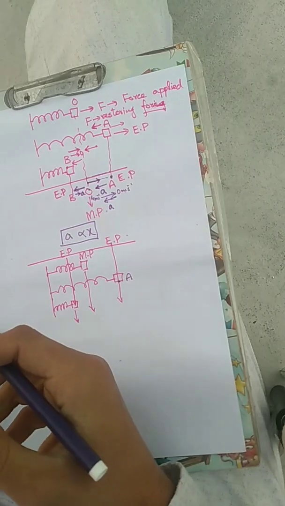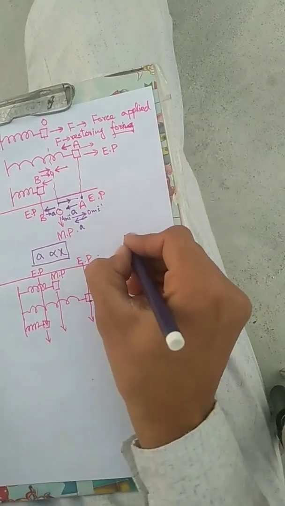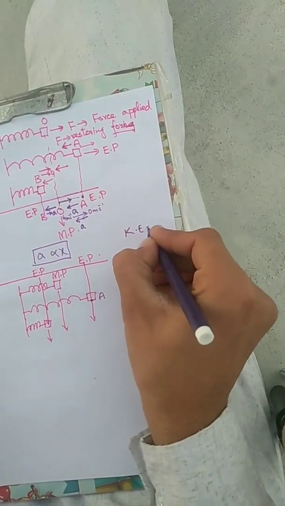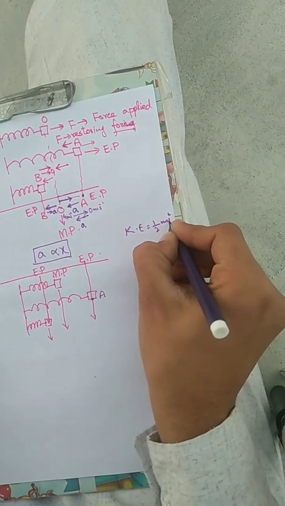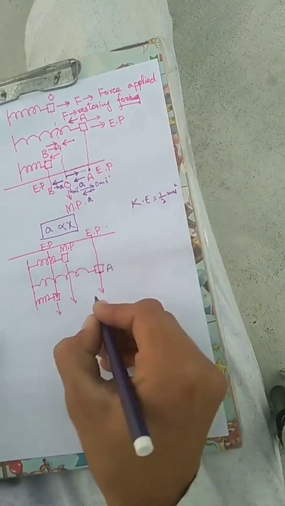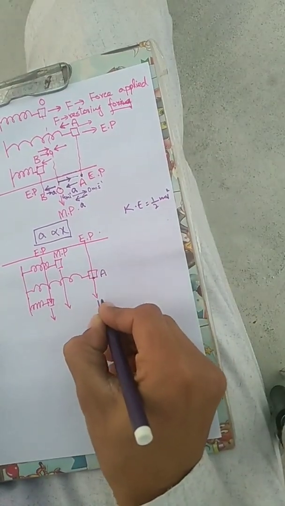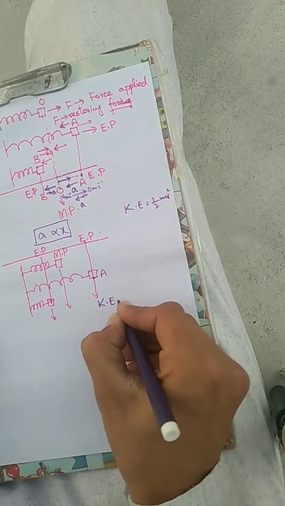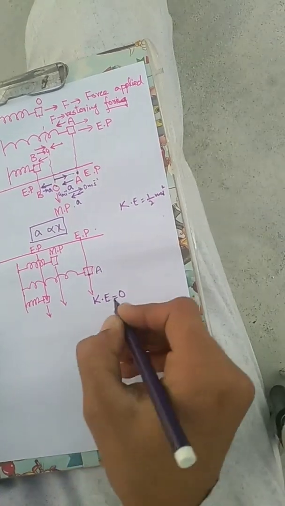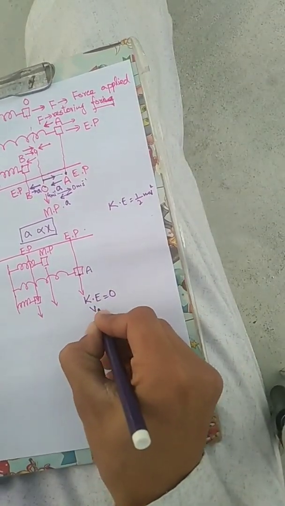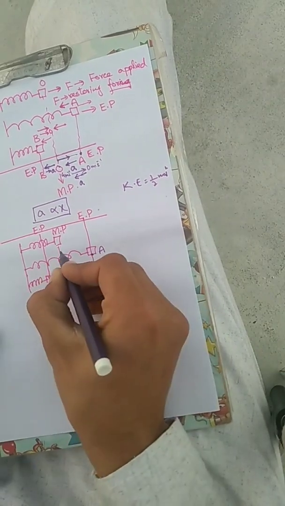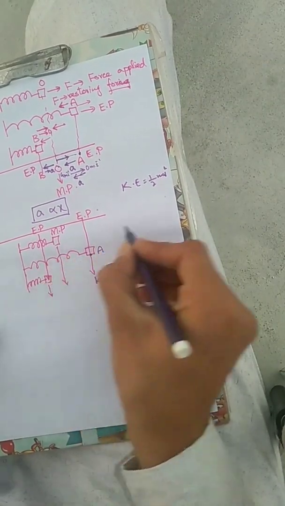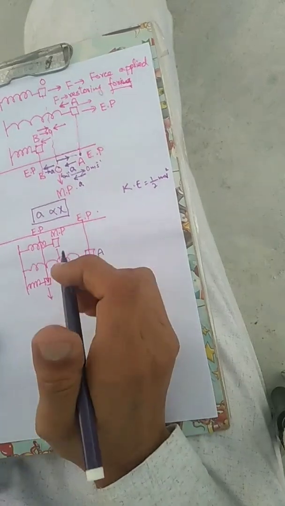Whenever the object comes to rest, its velocity is 0. We know that kinetic energy is given as 1/2 mv squared. So putting the value of velocity 0, kinetic energy is equal to 0. So at this point we shall have kinetic energy equal to 0, because velocity is equal to 0. And potential energy, we know, is maximum when the object has maximum displacement.